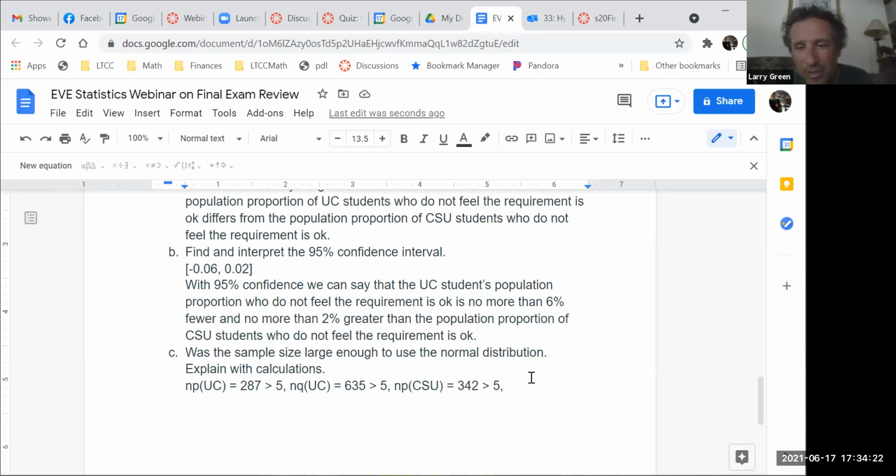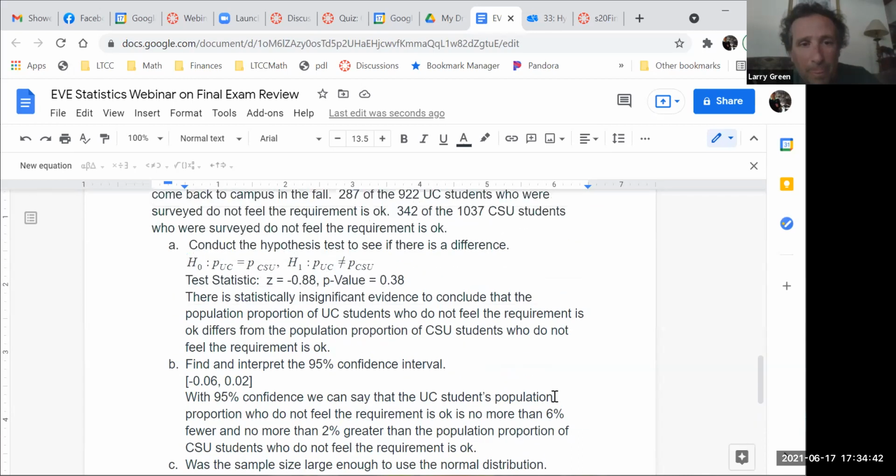However you want to explain, that's fine. But yeah, you have to show the greater than 5. That's the important thing. You could also say 287, 635, 342, and then I'll do the last one, are all greater than 5. That's another way of formatting. But you have to say that they're greater than 5.